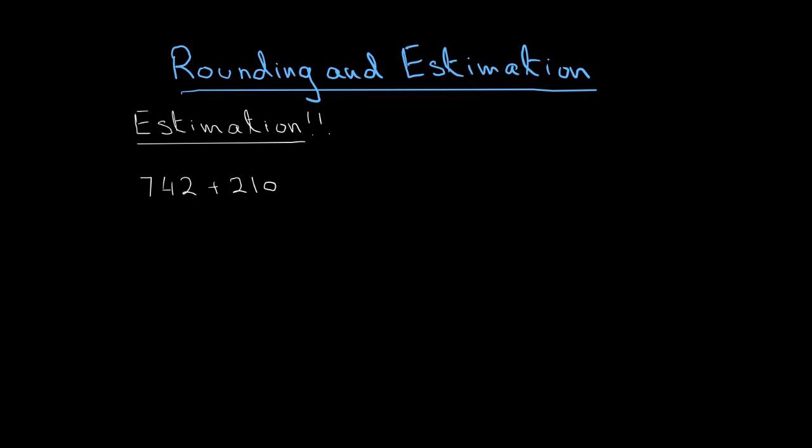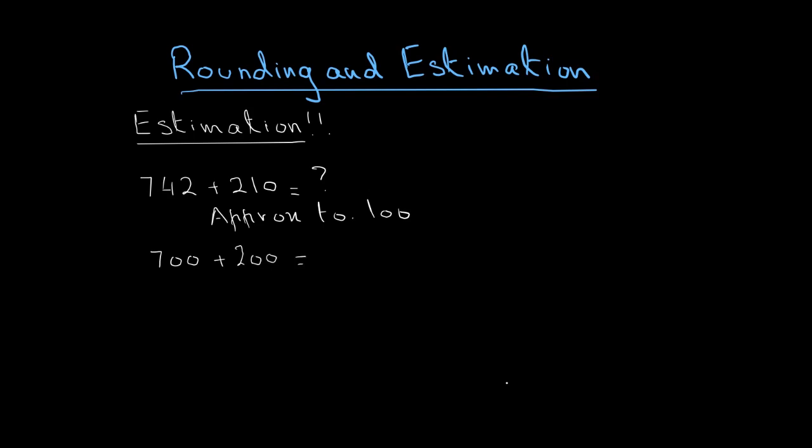So I'm going to approximate to the nearest 100. 742 is approximately 700, and 210 approximated to the nearest 100 is 200.